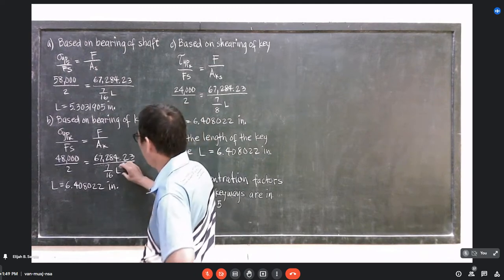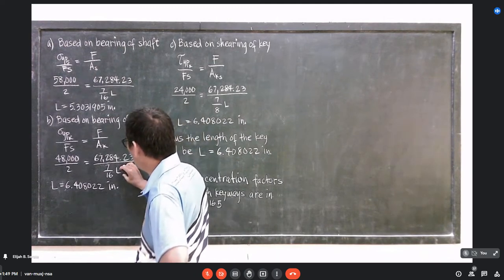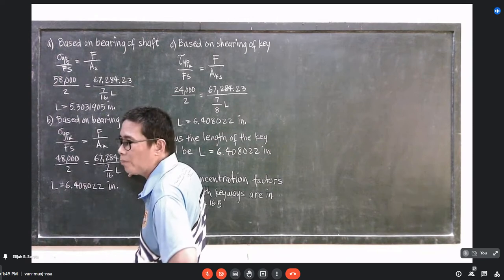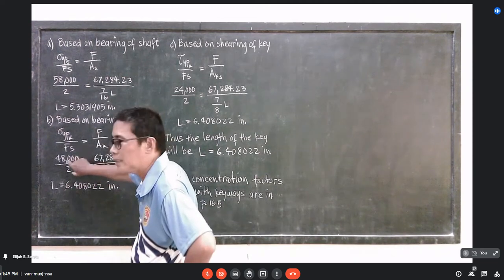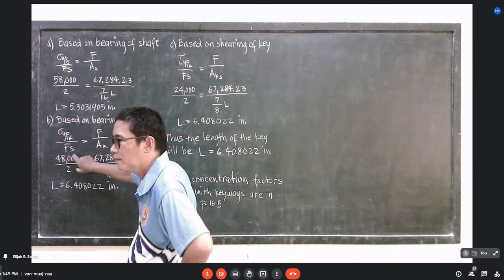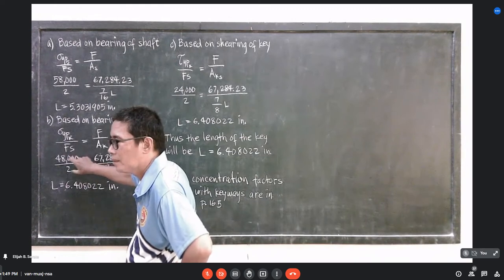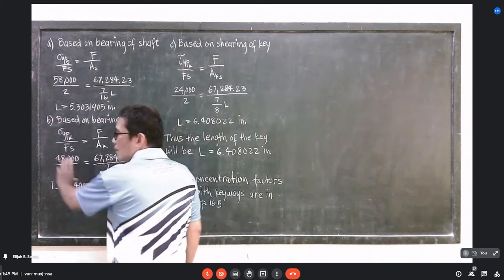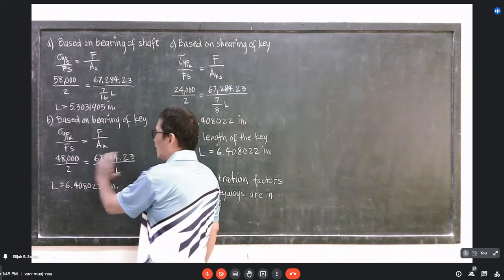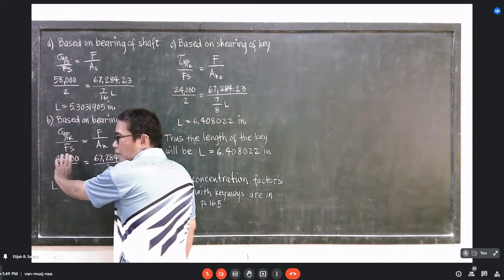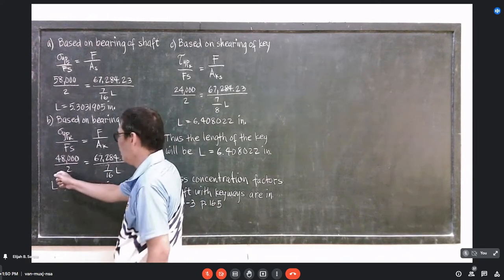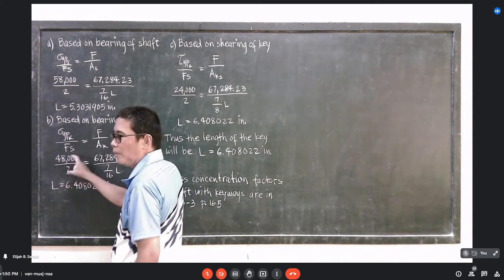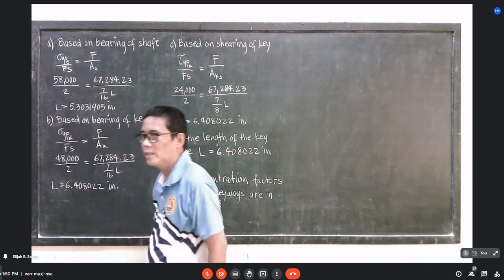Or if you make this smaller, this value will become bigger, meaning your working stress is bigger than this one. This is your working stress. So if it makes this bigger, they become equal. And your yield point is 48. What will happen to your factor of safety? To make this bigger, so it becomes smaller.